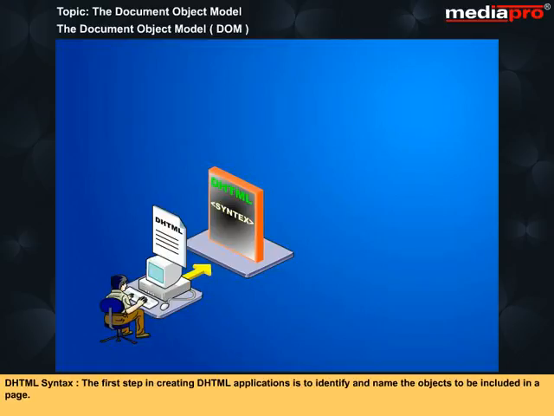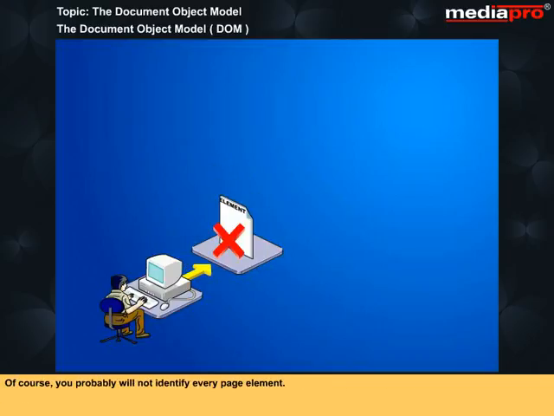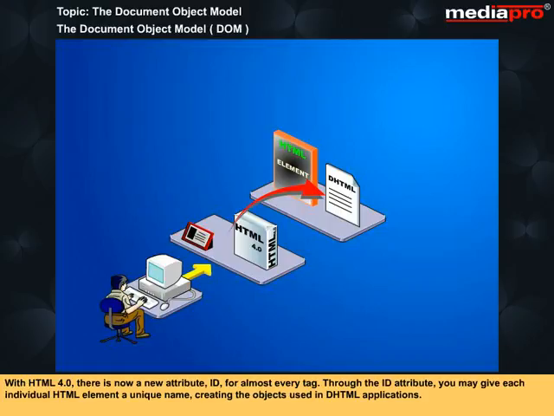DHTML syntax, the first step in creating DHTML applications, is to identify and name the objects to be included in a page. Of course, you probably will not identify every page element. You'll only specify those needed for your purposes. With HTML 4.0, there is now a new attribute, ID, for almost every tag.